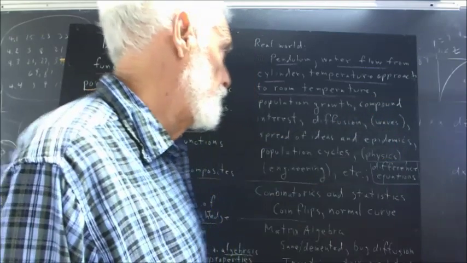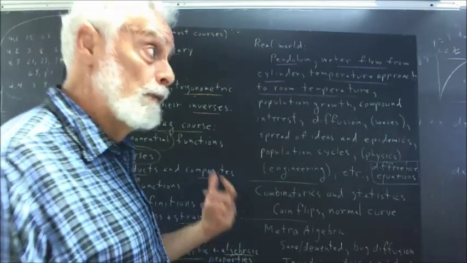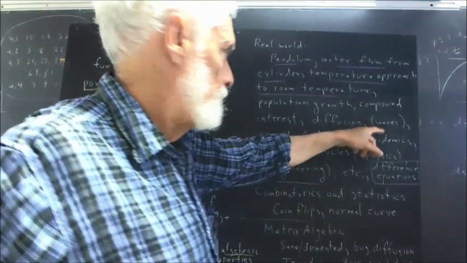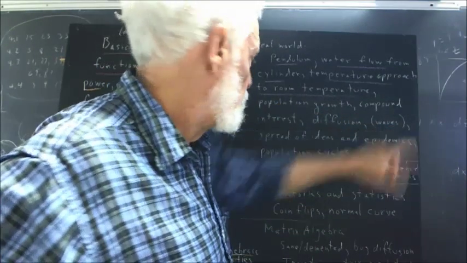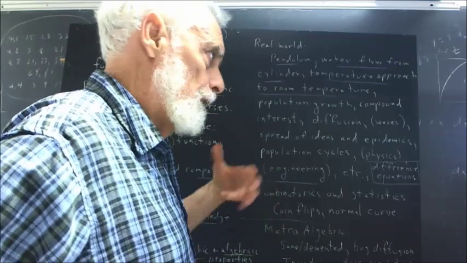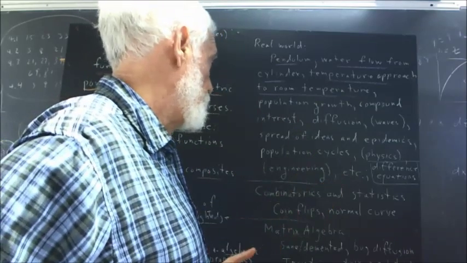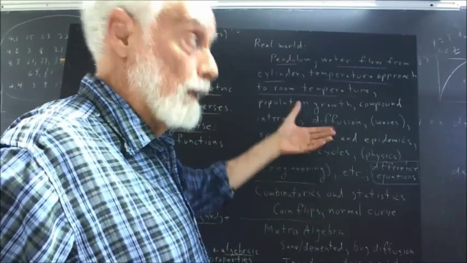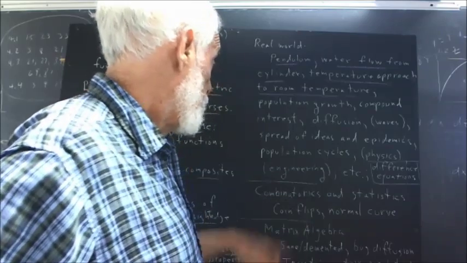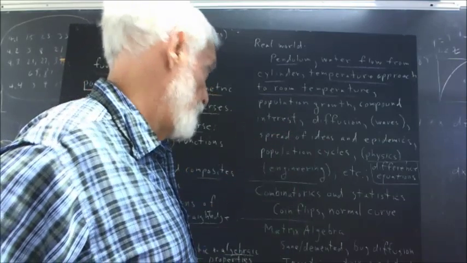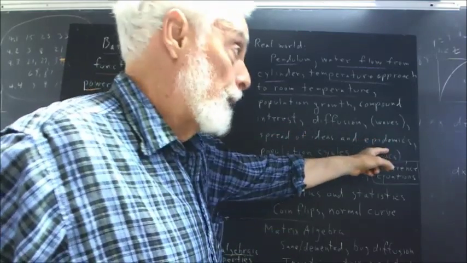I've got that in parentheses because we probably won't have time to do very much with it, but everything that we're doing can lead us to an understanding of certain central aspects of waves, the spread of ideas in a culture, okay, spread of ideas in a population, the spread of epidemics.